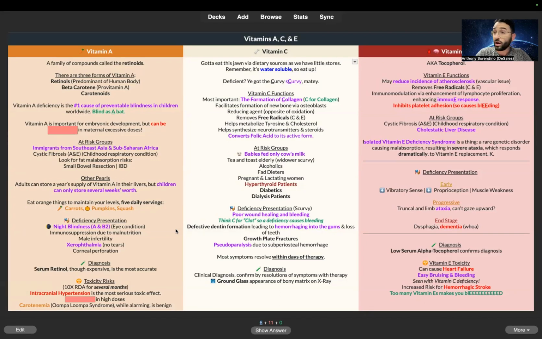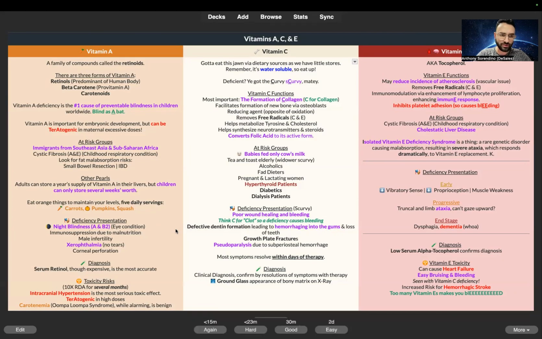Vitamin A is important for embryonic development, but can be teratogenic in excessive doses maternally, right? Vitamin E toxicity. So again, that heart failure, that bleeding, that hemorrhagic stroke, childhood respiratory. So cystic fibrosis are risk factors for deficiencies in A and E. Eat orange things to maintain your levels.